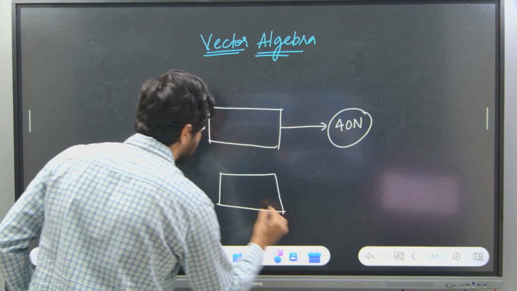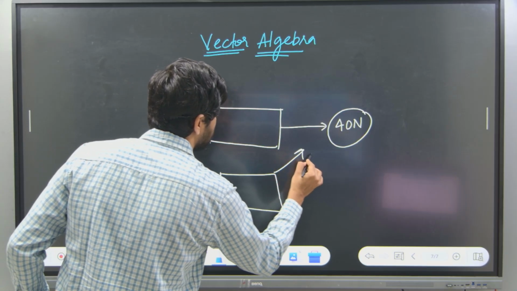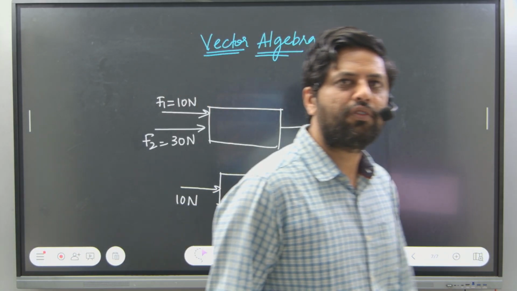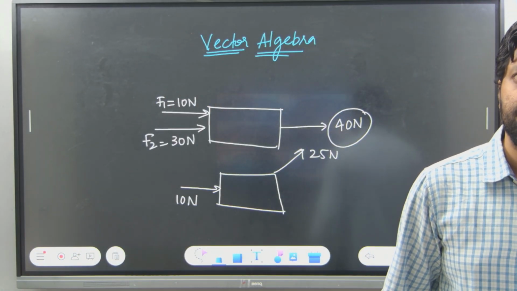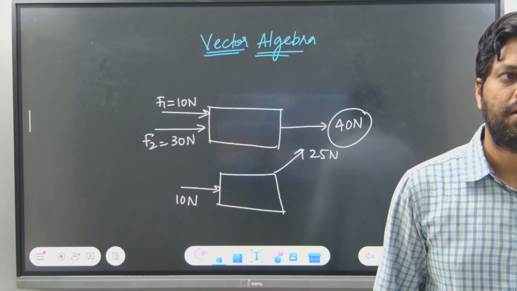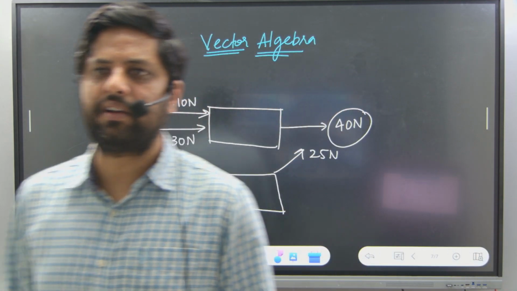Say for example, I have one force to be 10 Newton and one more force here which is 25 Newton. What is the resultant force now? 50? Okay. So we can't give the direct answer for the resultant force.